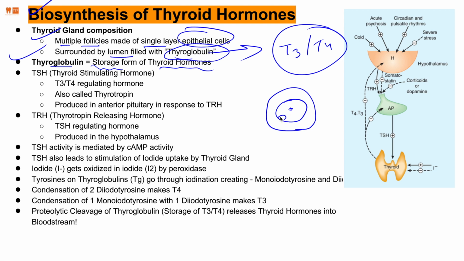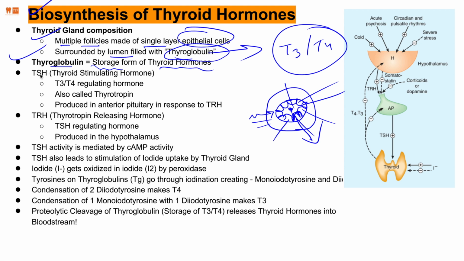Around it we have epithelial cells, single layer. This is multiple follicles. Once stimulated by whatever the stimulus is, thyroglobulin releases T4 onto this cleft, and outside of the cell into the bloodstream.